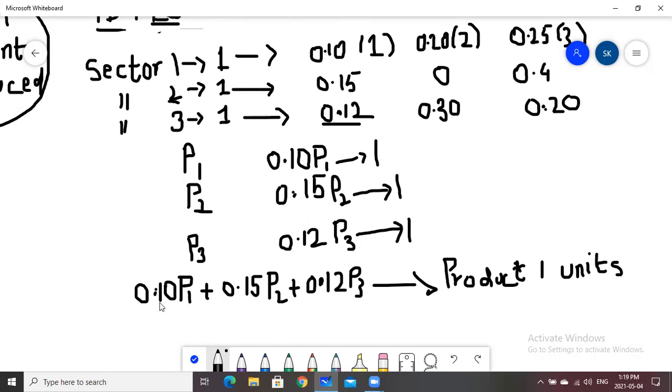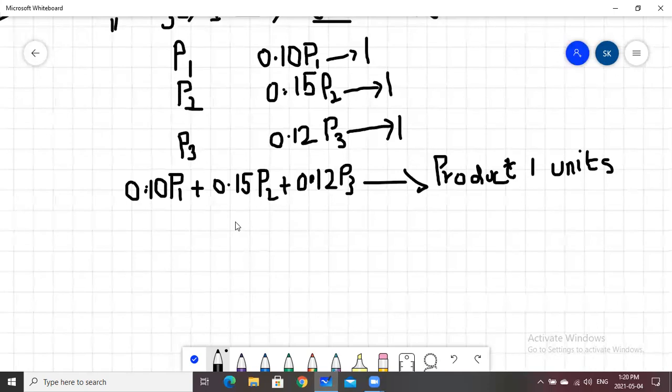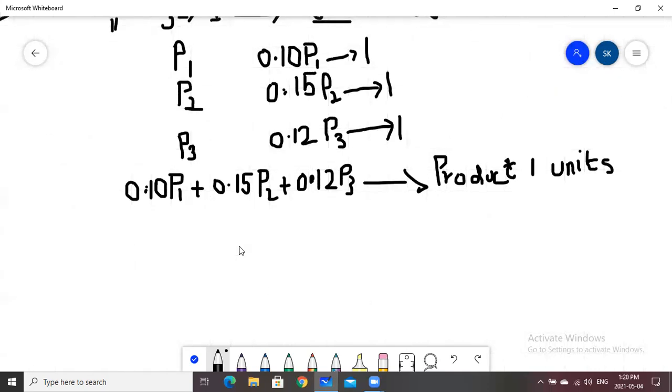So therefore 0.10 P1 plus 0.15 P2 plus 0.12 P3 are required to produce the P1 units of product 1. Similarly, we will need 0.10 P1 plus 0.15 P2 plus 0.12 P3 units of product 1.